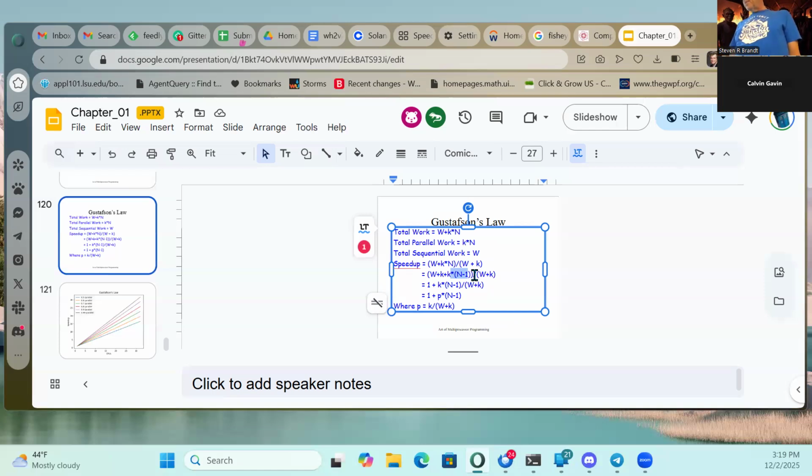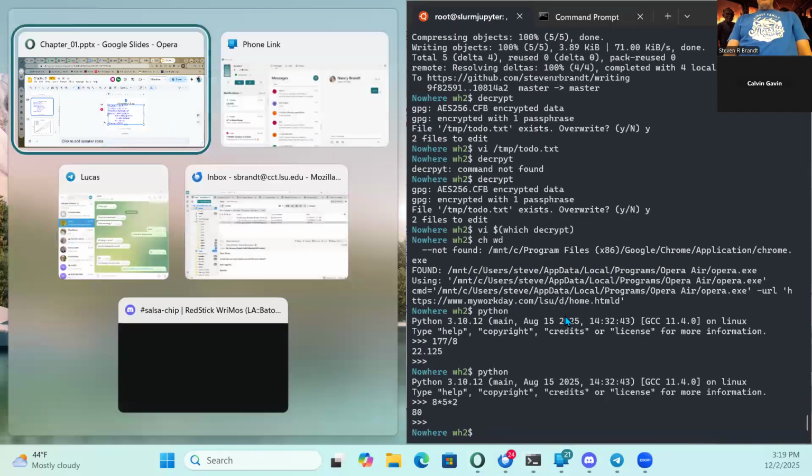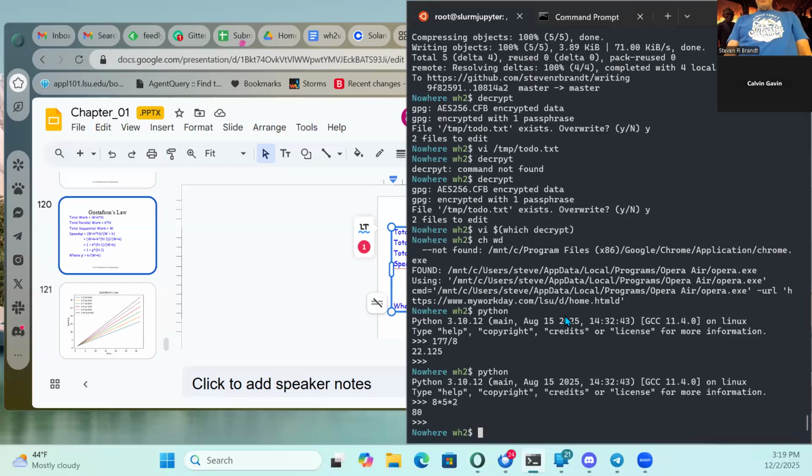Do you understand that? Yeah, but I still don't know where the N minus one is coming from. Okay, K times N minus 1 is equal to K times N minus K, right?